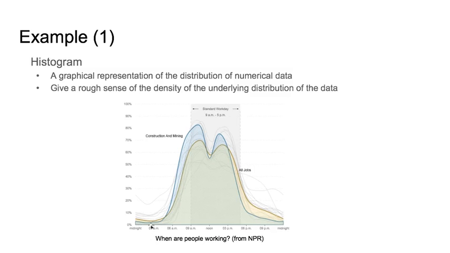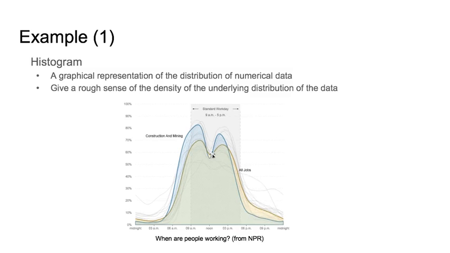So for instance, the construction and mining workers, more of them tend to start working before other jobs, right? So they kind of start early, and they're also finishing early. So as you can see toward the end of the day, they're finishing before other jobs, or on average other jobs, right?